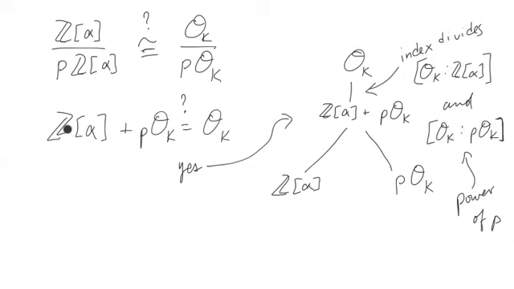Just keep in mind, we're not multiplying this all by O_K. We're simply looking at this ring added with this ideal. So these are two abelian groups, and we're looking at indices of abelian groups in some sense. We know that the index of Z[alpha] in O_K is not divisible by p. Now, what about the index of pO_K in O_K?